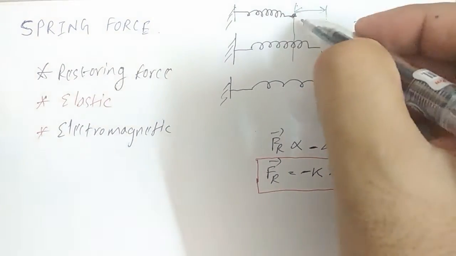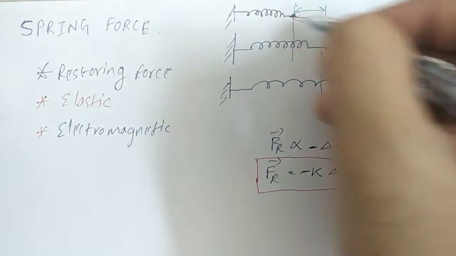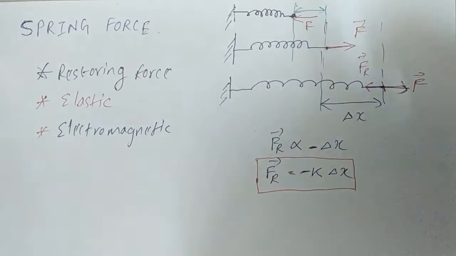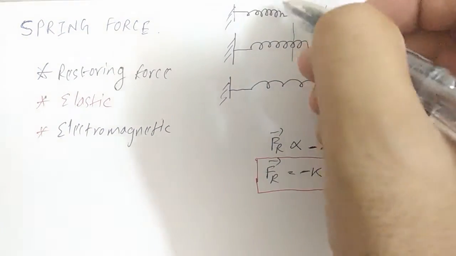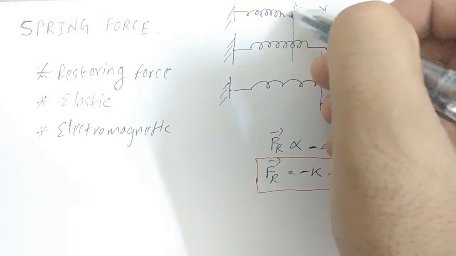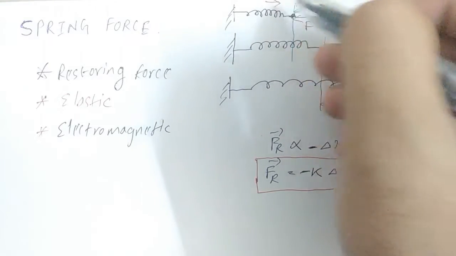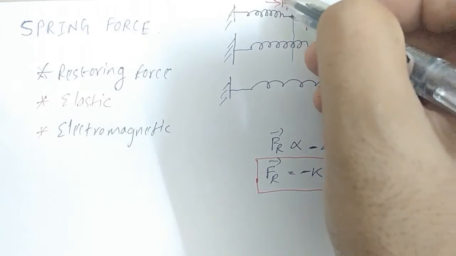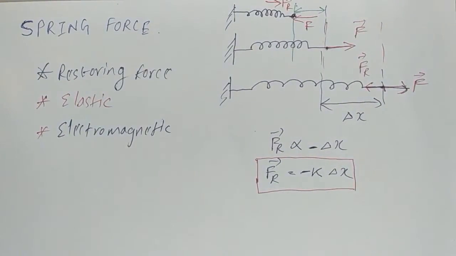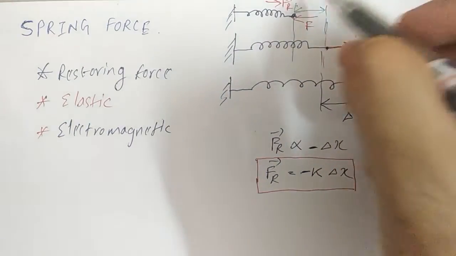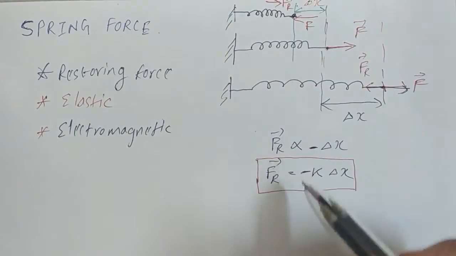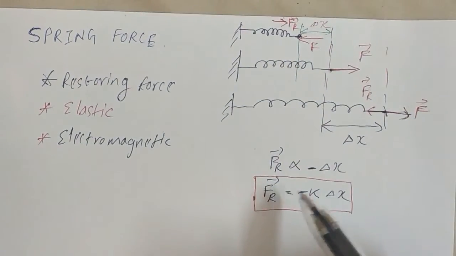In this situation, the direction of the compressing force is in this direction, and the restoring force is developed at this spring such that it is acting in this direction. The value of this restoring force is also equal to this value.